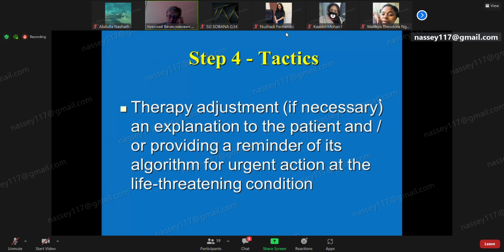And the fourth step of this visit is definition of further tactics of patient's management.